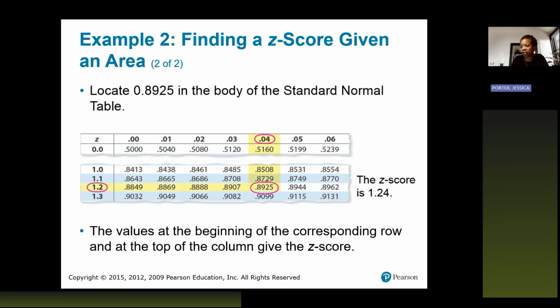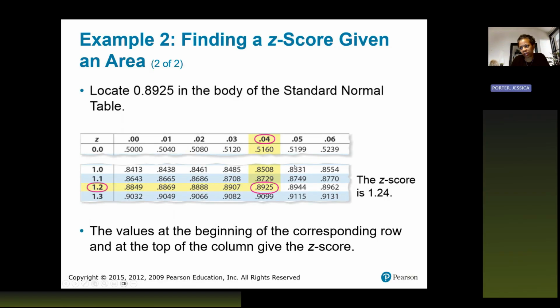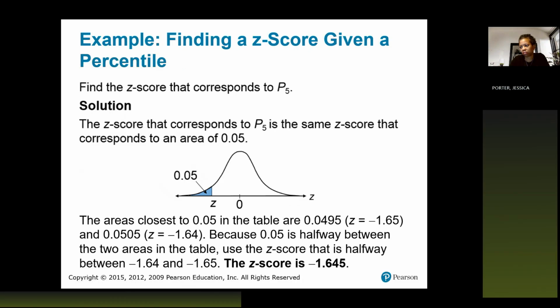And again, in the calculator, the TI, I think you have to do this 1 minus as well. In your calculator, you're going to just put in 1 minus the area to the right.